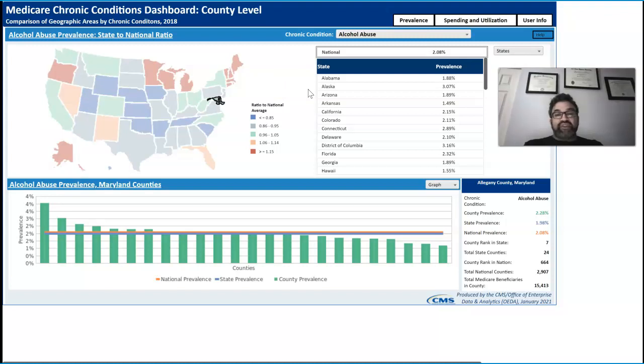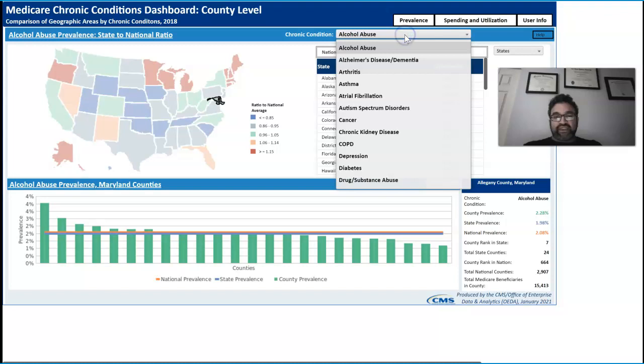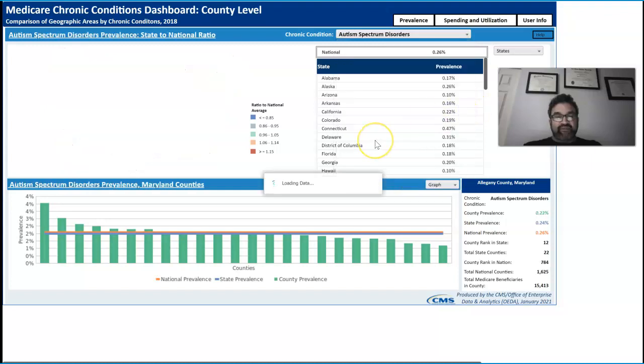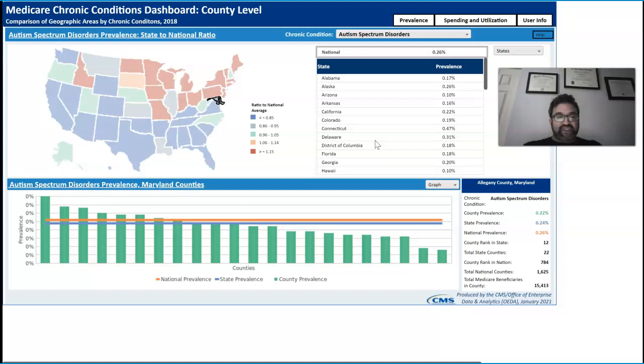I wanted to give you another example of a portal that is very useful in chronic diseases and gives you potentially county level information from Medicare data. Center for Medicare Services data is hard to come by, but this is a very good portal to be looking at a handful of conditions, including autism spectrum disorders, which is actually one that is rare to have information to get.